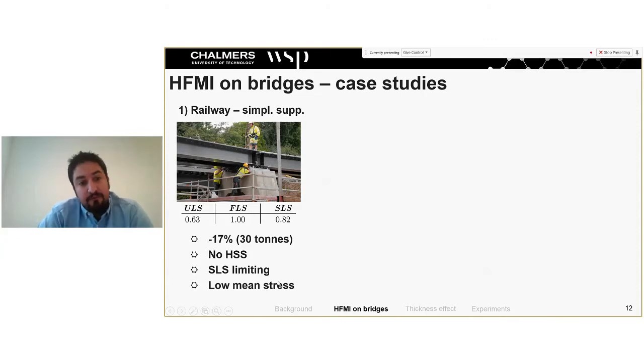So there was no meaning of using higher strength steel. And in this kind of bridge, we see that the mean stresses are very low, because the bridge itself is very light, while the traffic, which is trains, is very high. This results actually in a very low mean stress, which is very suitable for this improvement technique.